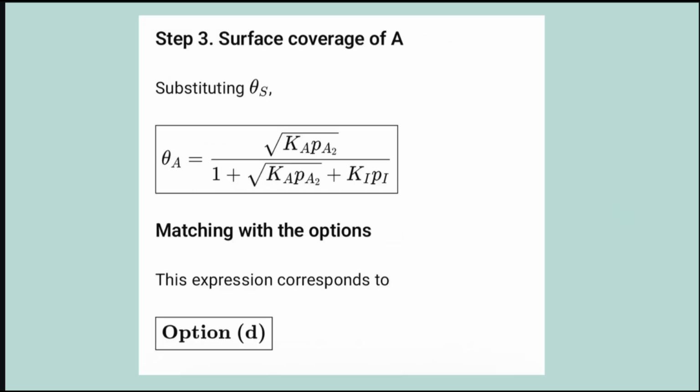In step 3, we'll see the surface coverage of A. Substituting theta S, theta A is equal to root of Ka Pa2 divided by 1 plus root of Ka Pa2 plus Ki Pi. Matching with the options, this expression corresponds to option D. So option D is the correct answer here.